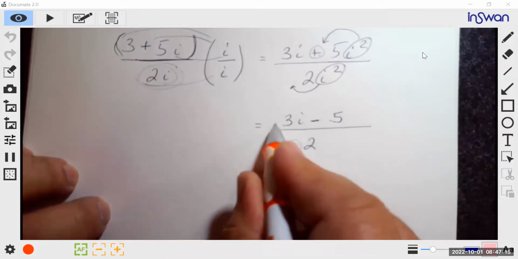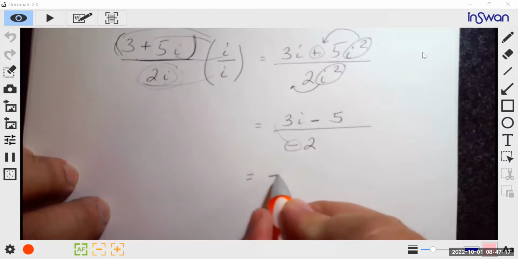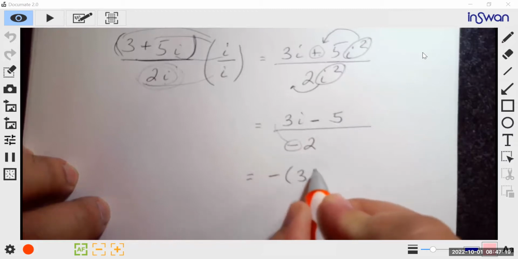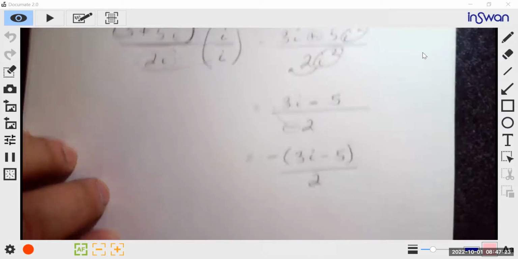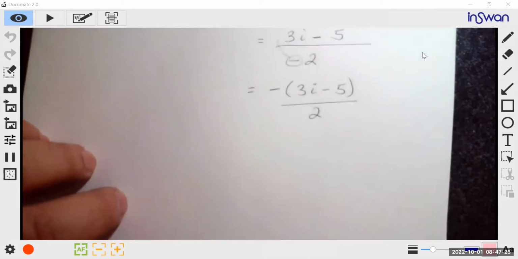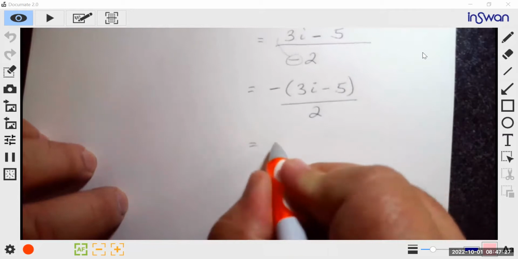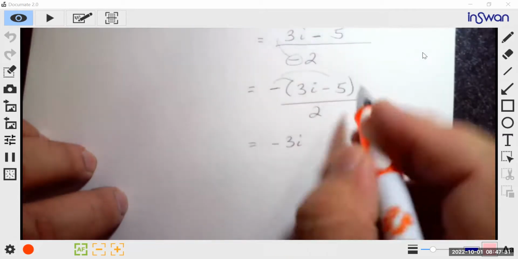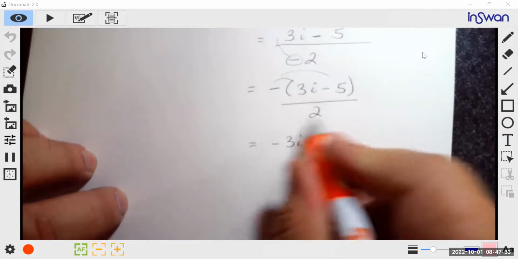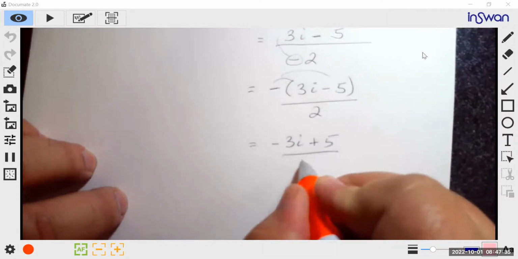This negative goes on top. So I distribute in there. Negative 3i, negative and negative makes it a positive 5.